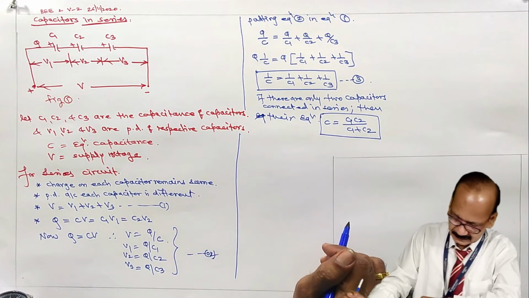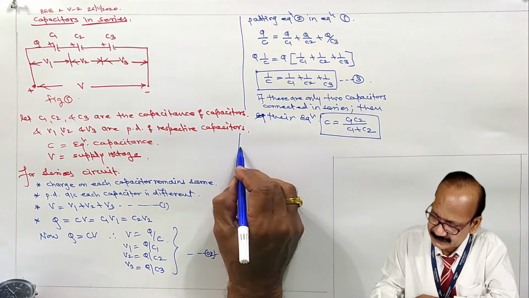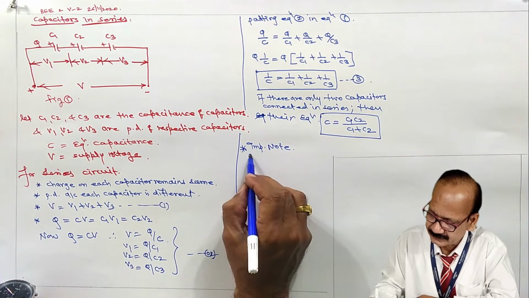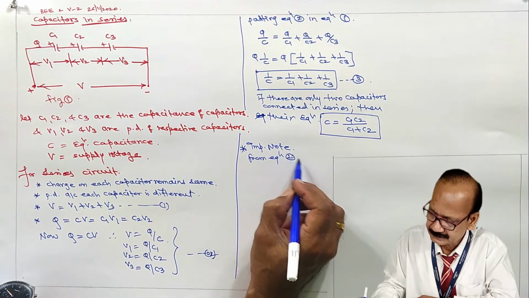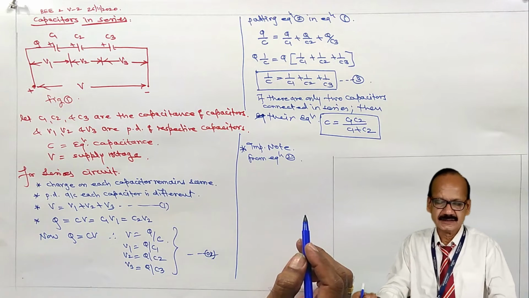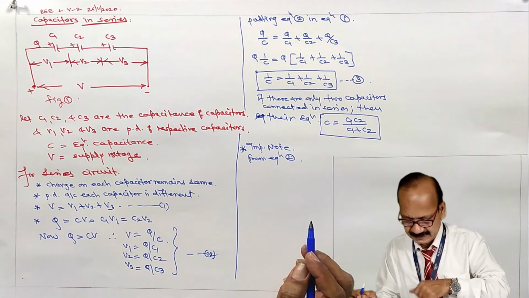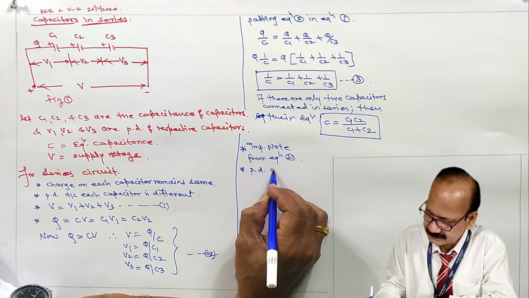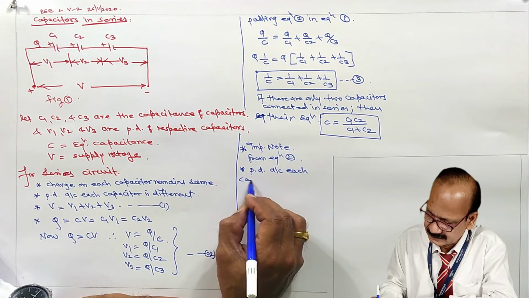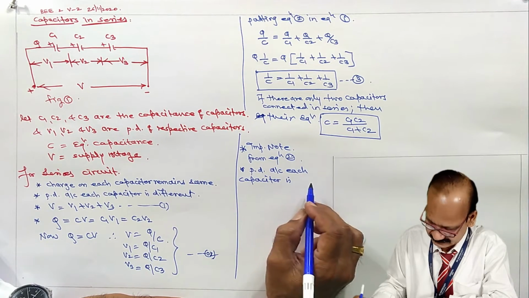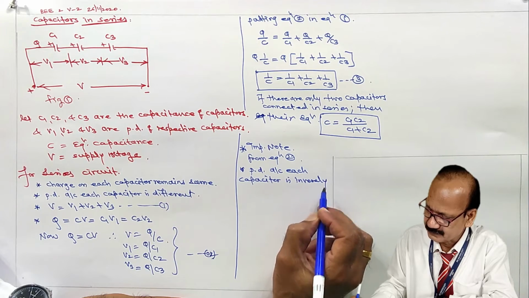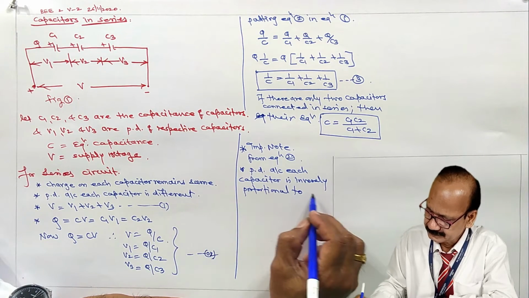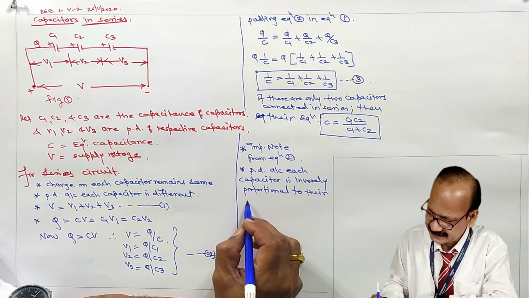Now, important note, from equation 2, the voltage across each capacitor is inversely proportional to its capacitance.